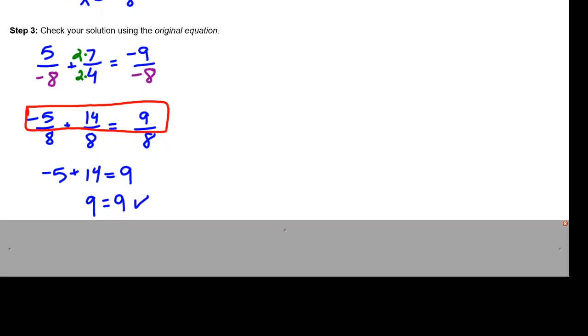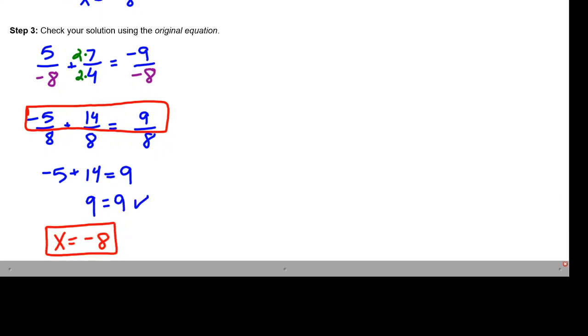Finally, you can see that 9 is equal to 9, which confirms that negative 8 is a solution to this equation. You always have to check your answers to make sure they are correct, because sometimes you can get extraneous solutions, which are algebraic solutions, but not graphical solutions to a system.